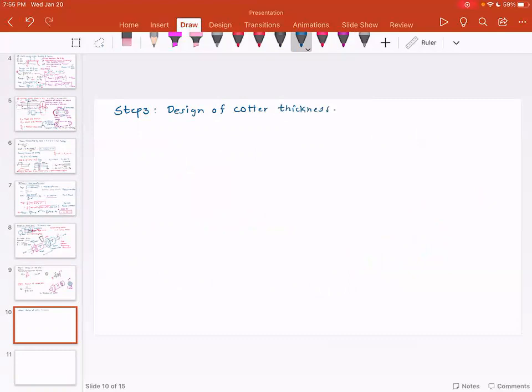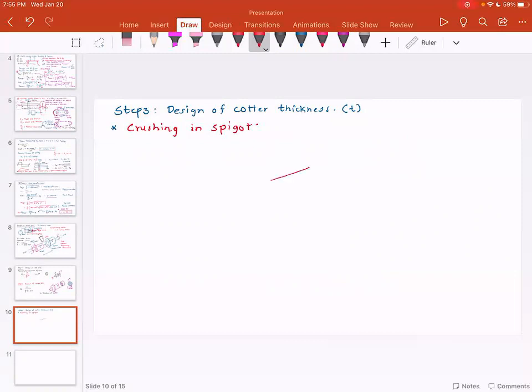And this quarter thickness, T, is determined because of the crushing in the spigot. So the quarter can crush in spigot. And I want you to understand how this crushing can potentially happen.